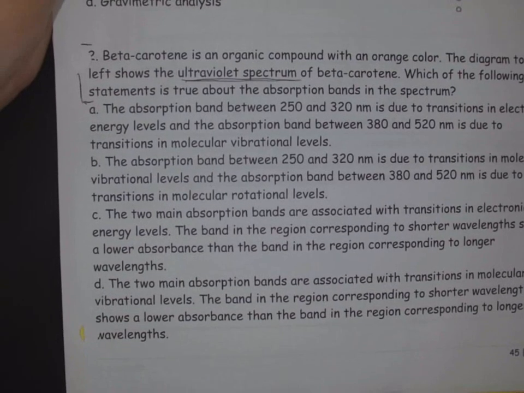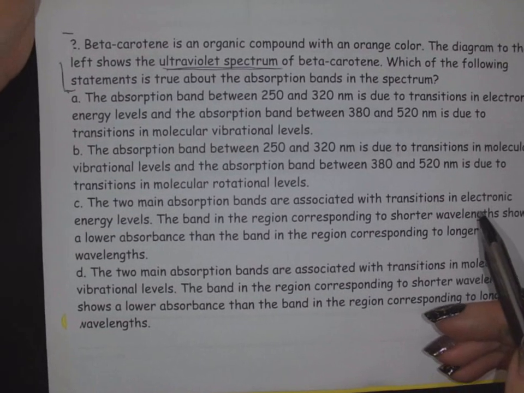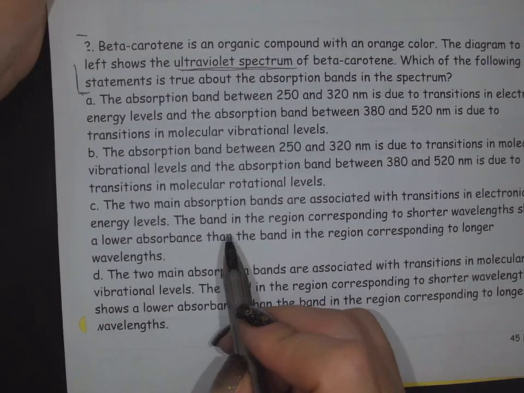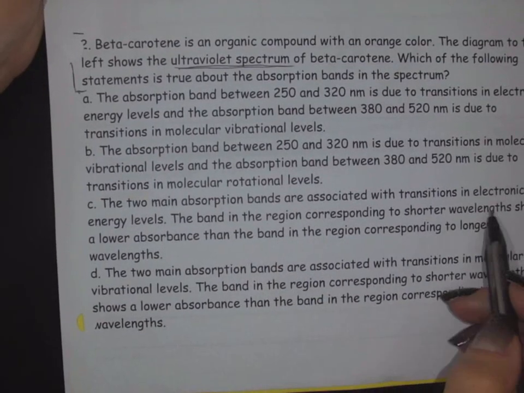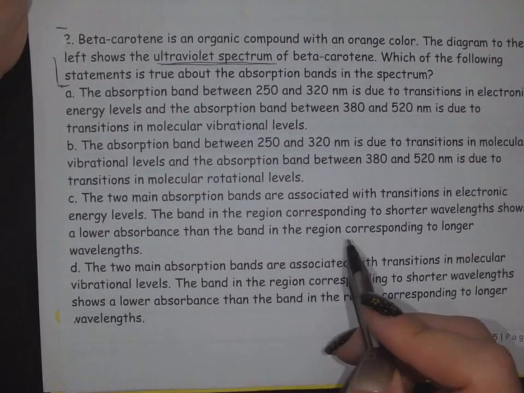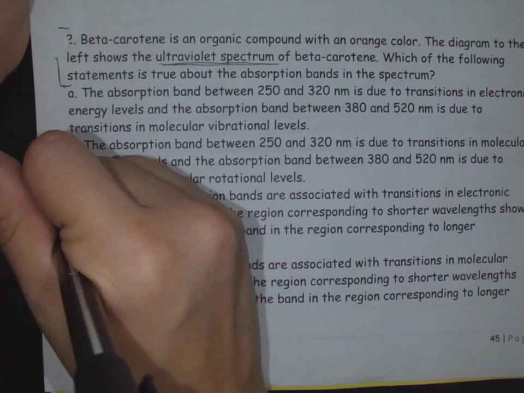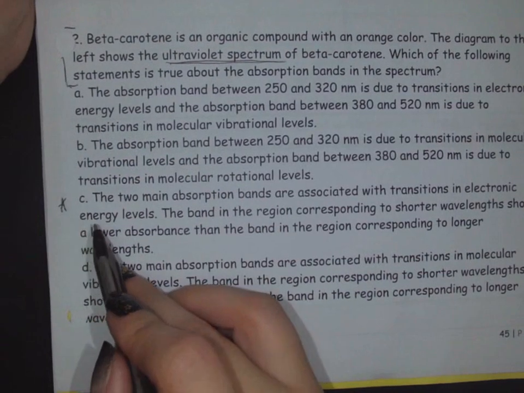C, the two main absorption bands are associated with transitions in electronic energy levels. The band in the region corresponding to shorter wavelengths show a lower absorbance than the band in the region corresponding to the longer wavelengths. I'm most interested in this one right now, but I'm going to come back and see.